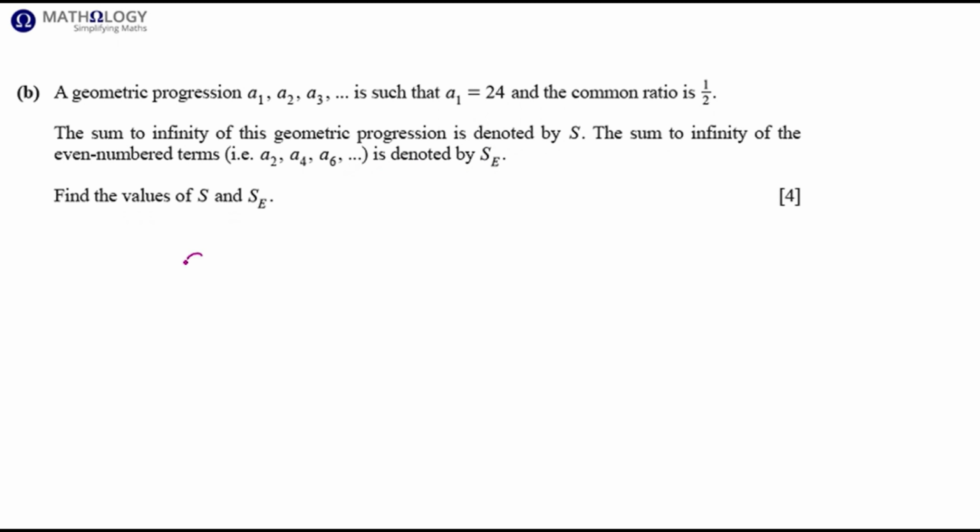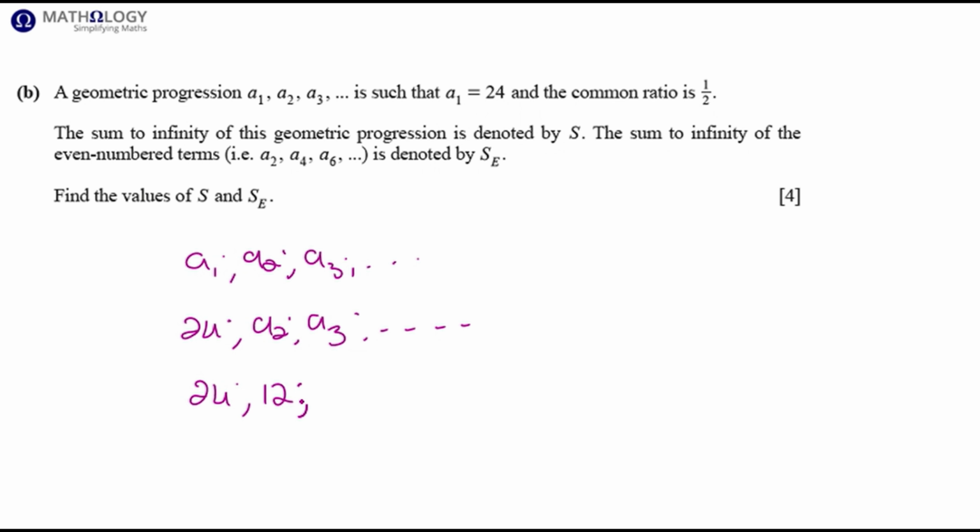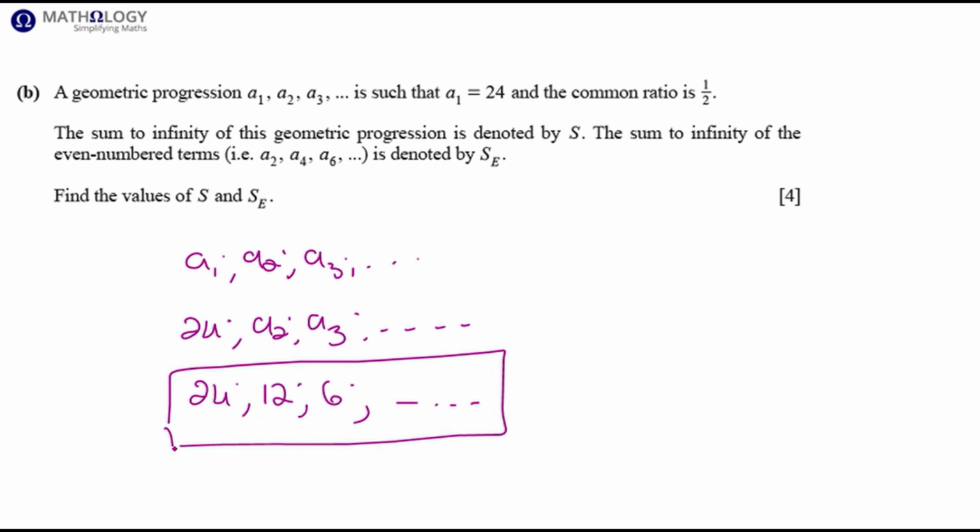So a1 is 24, so 24, a2, a3 is our geometric sequence, and the common ratio is a half. So 24 is the first term, the second term will therefore be 12, and half of 12 will be 6. These are the first three terms.